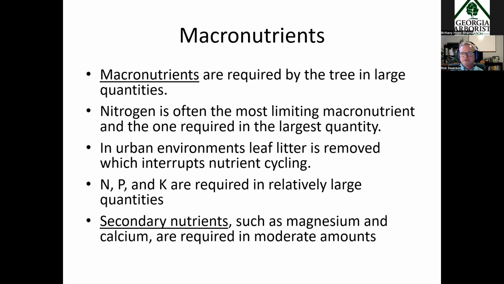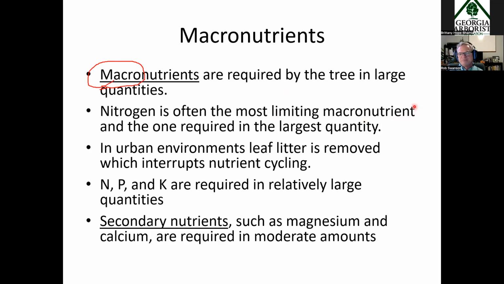Again, macronutrients are required by the tree in large quantities. Again, it's because it's macro, right? So large quantities. Nitrogen is usually the most limiting macronutrient out there.